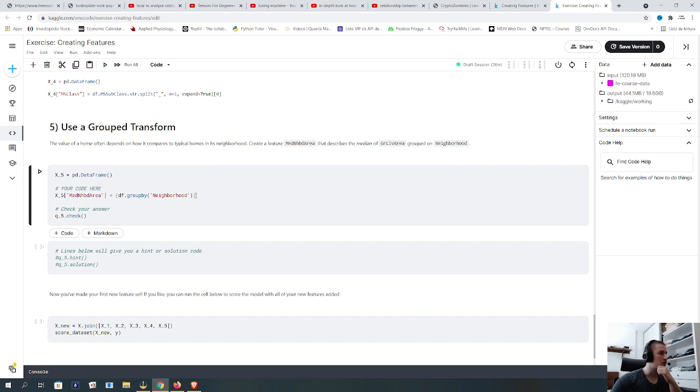So DF group by, dots. Median or mean? I don't know.